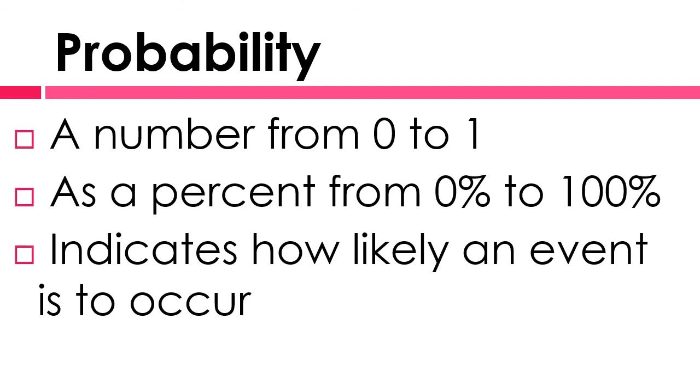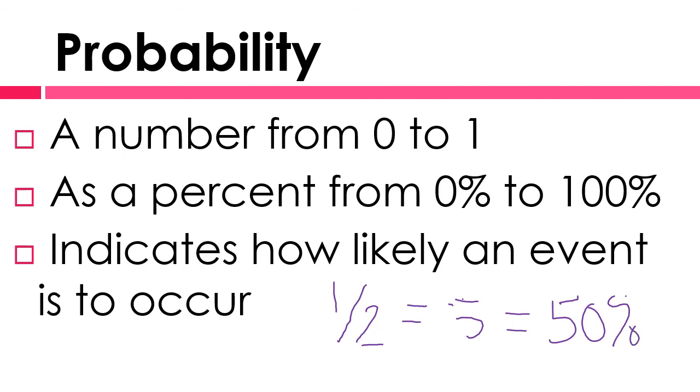For example, if I'm flipping a coin, I have 1 heads out of 2 sides, so that would convert to 0.5, and that would be 50%. So that's a little bit about how probability would work, and we're going to go into that in more detail in a couple of days.